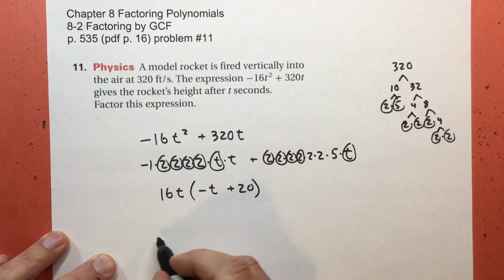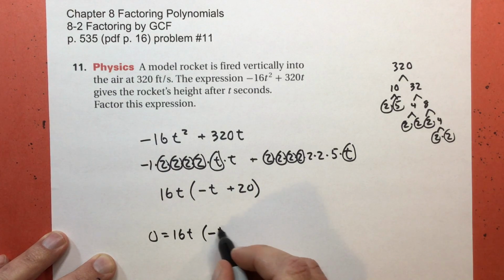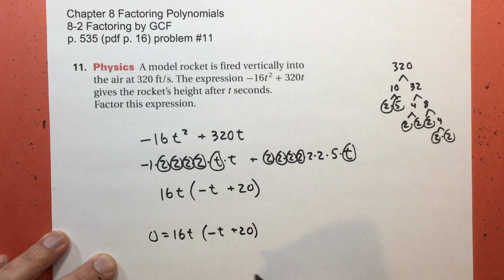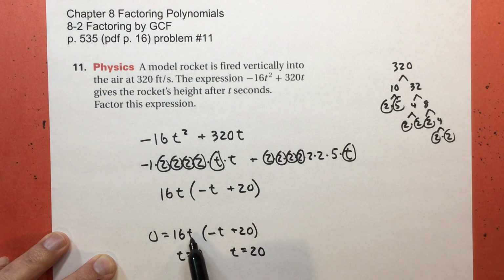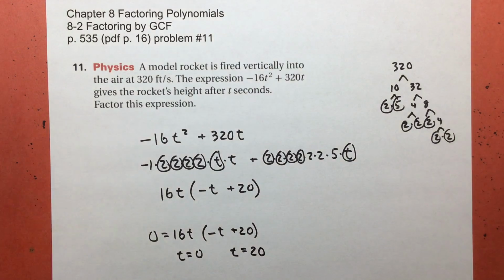If the height equals 0, that tells me that t equals 0 and t equals 20, because negative 20 plus 20 equals 0. And if I multiply by 0, I get 0. So that tells me that the rocket is on the ground at 0 seconds, and it hits the ground after its flight at 20 seconds. But that's extra stuff. You don't need to know that later. I'm just giving you a heads up to show you why this is important.